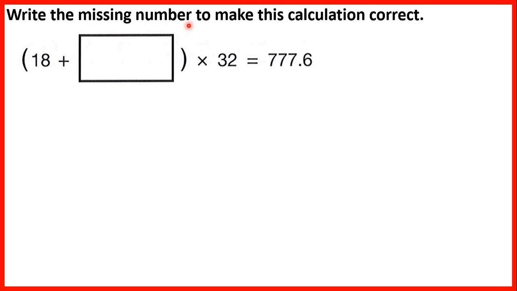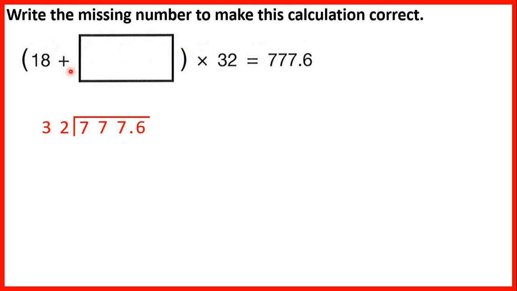Write the missing number to make this calculation correct. We have 18 plus something, times 32, equals 777.6. So we have brackets in our calculation, so we do what's in the brackets first, and when we multiply what's in the brackets by 32, we get 777.6.